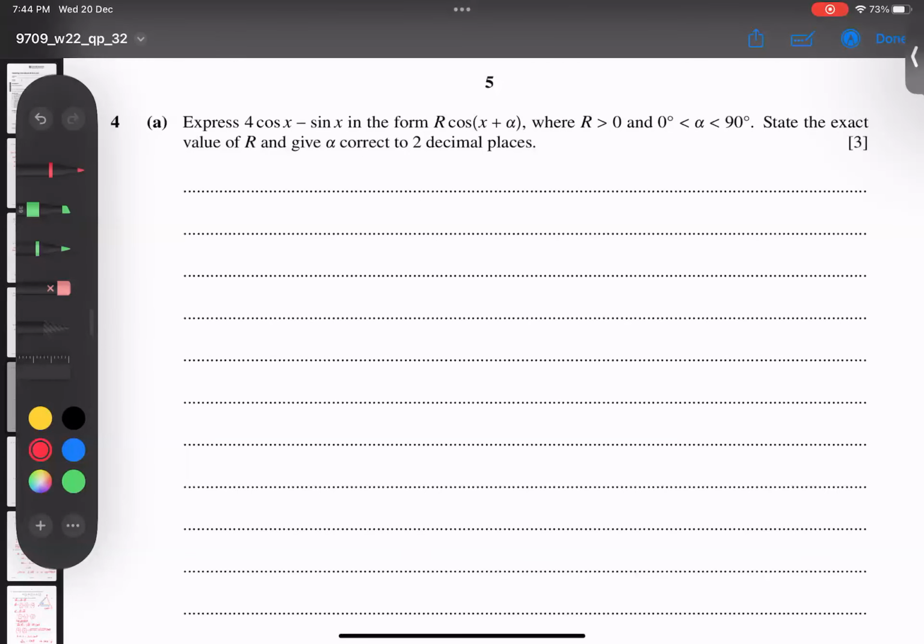You took a reasonable time. First of all, as usual, 4 cos x minus sine x, I took from here, is equal to, and this is what I can write directly, the fundamental cos formula: cos x cos alpha, opposite sign, minus sine x sine alpha, with r multiplying, so r will come here and r will come here. Now I do comparison, and this is a shortcut I'm doing.